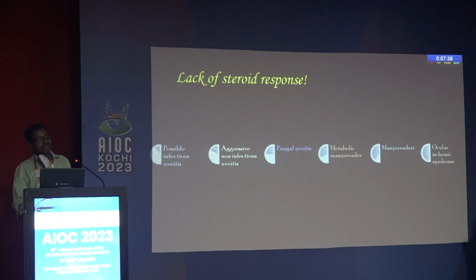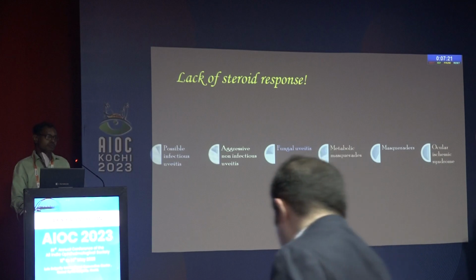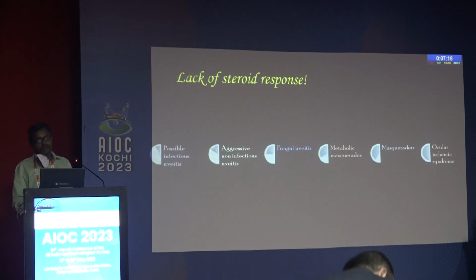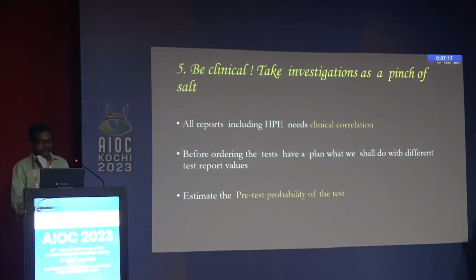Fungal uveitis could be one other possibility. It could be a metabolic masquerade, or even a straight masquerade like lymphomas, leukemias, or even an ocular ischemic syndrome, which could masquerade as uveitic entities. So keep all your options open. So lack of steroid response could be multidimensional.